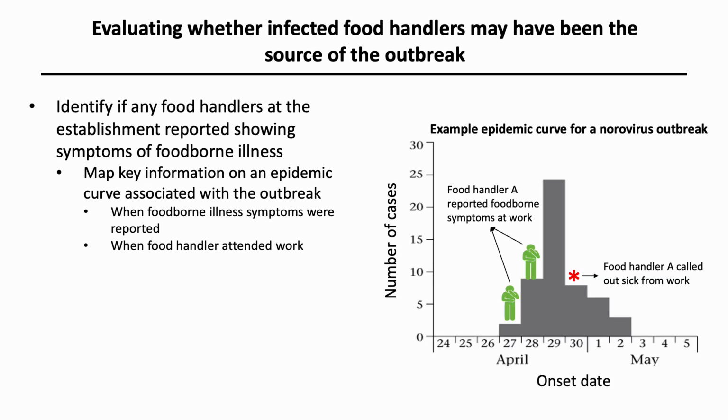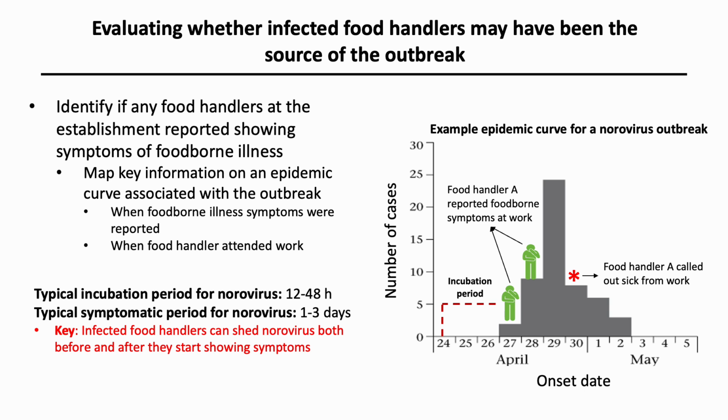For example, in this scenario epidemic curve of a norovirus outbreak, food handler A first reported showing mild symptoms of foodborne illness at work on both April 27th and April 28th, but did not call out sick from work until April 30th, when their symptoms became more severe.